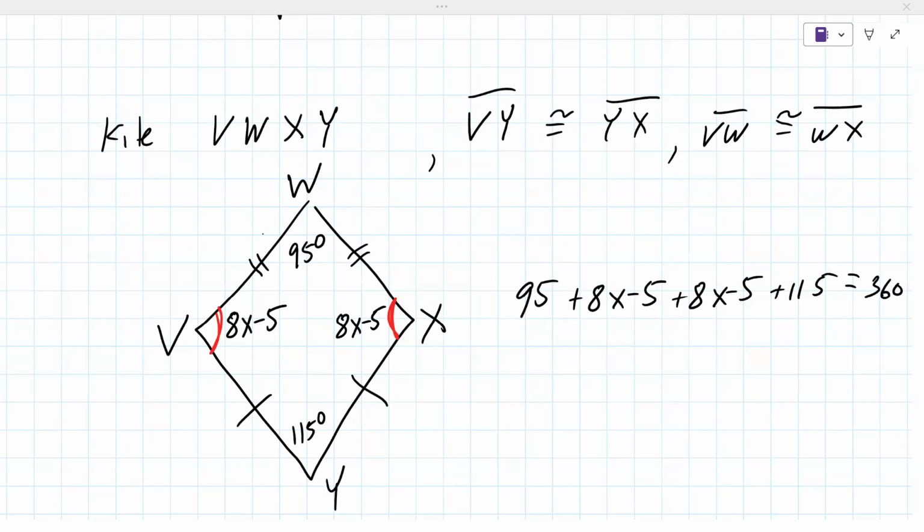Would you start off combining like terms on everything? Yes. Okay.